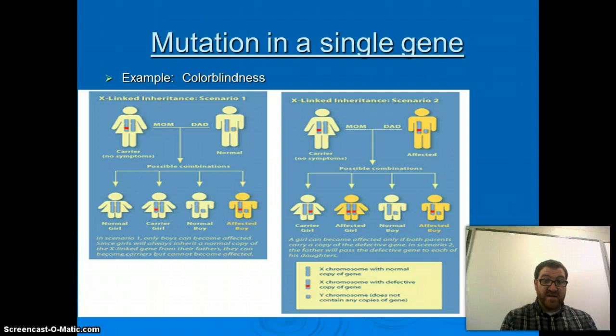Now, if you take a look at scenario 2, the only way for a female to be affected by an X-linked trait would be to have the dad automatically be affected by it, because that father will donate his X chromosome to his daughter, and if there is any mutation, that child will be given it as well. We talked more about the sex-linked traits back in that sex-linked video. So if you have any questions with that, either refer back to that video, or the best solution would be to come see me for an answer.